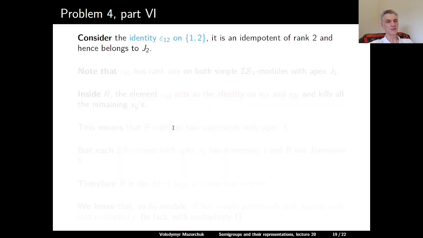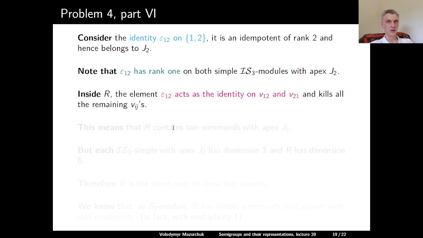Next, let us consider epsilon 1,2, which is the identity on the subset 1,2. That's an idempotent of rank 2, and it belongs to J sub 2. If we take a simple module with apex J sub 2, then the element epsilon 1,2 has on this simple rank 1, regardless whether this is L sub 2 simple or L sub 1,1 simple.